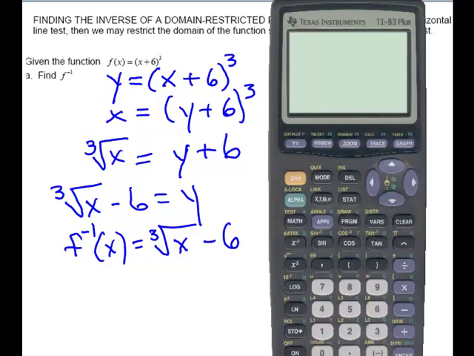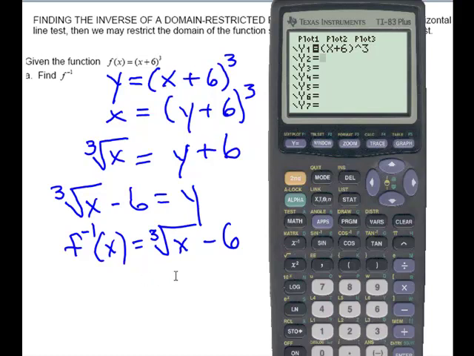I'm going to graph this one on the calculator. So we will do y equals, and first we're doing f of x, right? And we will use parentheses, x plus 6. The whole thing is to the third. Enter.